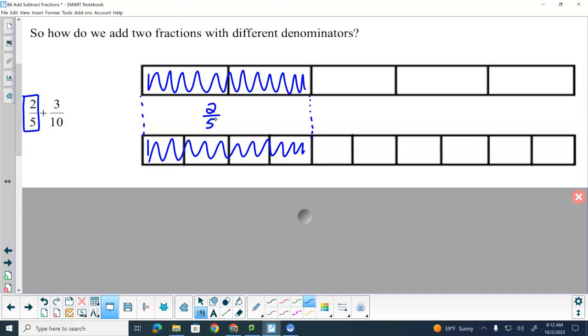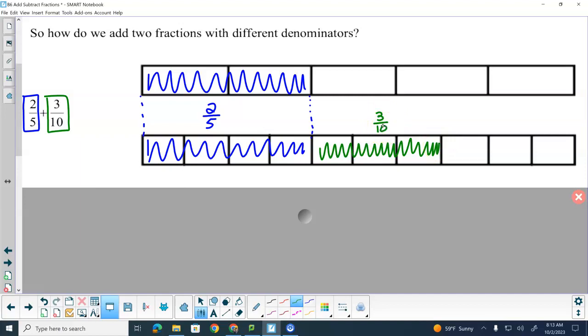Now, can I put 3/10 up on the upper line? No, it's going to be kind of hard to do, right? But I can put 3/10 on my lower one, and I can add it right at the end. 1, 2, 3. There's my 3/10.